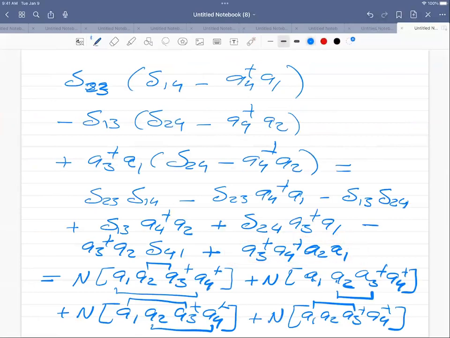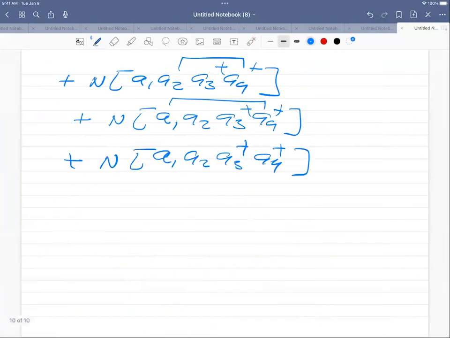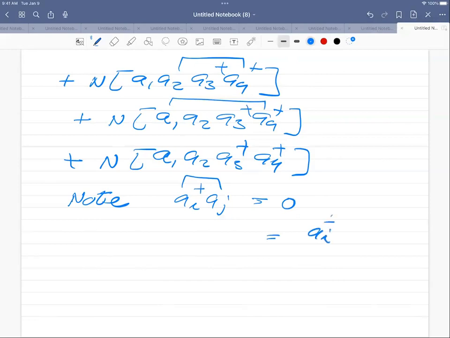And in that case, we had no contraction. And here, one thing to note before we take a small break is that all the terms like A_I, A_J dagger, this is automatically equal to 0, because that's the same as us calculating A_I, A_J on the vacuum, which is 0. So that is by definition 0.